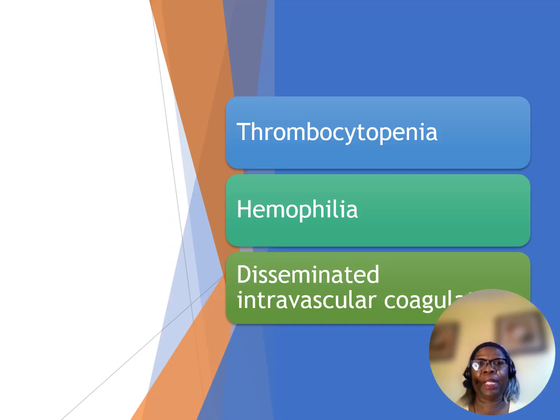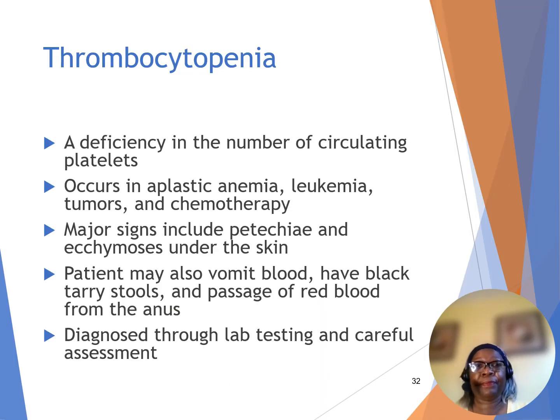These are three common disorders of coagulation. They are thrombocytopenia, hemophilia, and disseminated intravascular coagulation. Thrombocytopenia, let's start there. This is the deficiency in the number of circulating platelets.